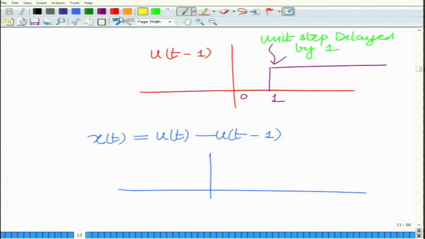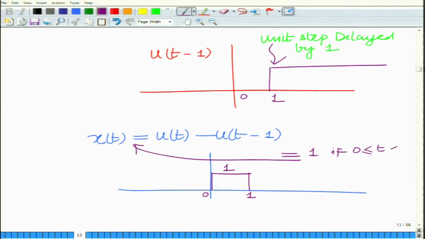the function which is equal to 1 when 0 less than or equal to t less than 1. So, this is x t, which is u t minus u t minus 1, equals 1 if 0 less than or equal to t less than 1, and this is 0 otherwise.